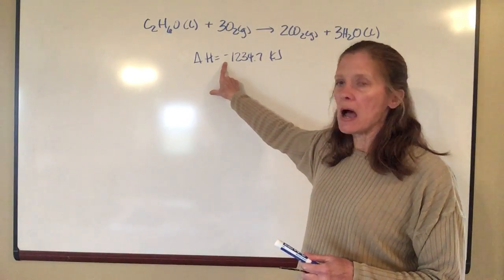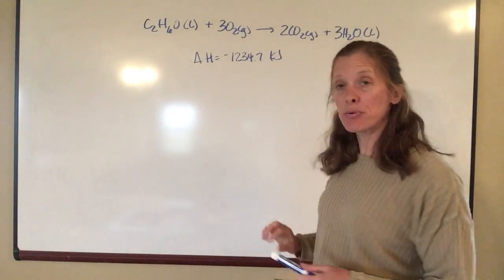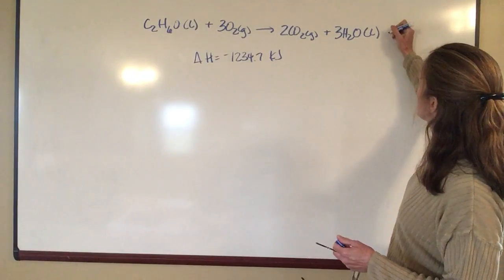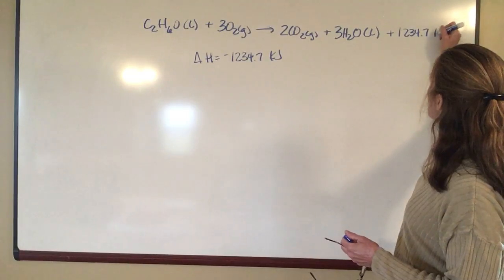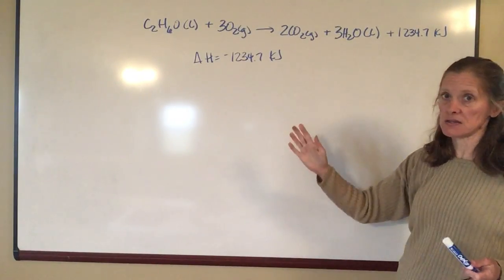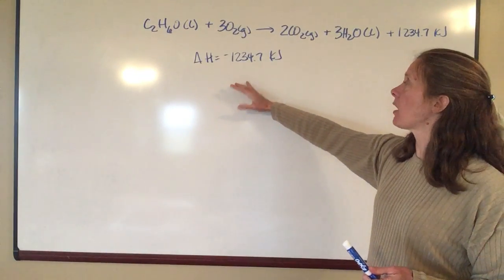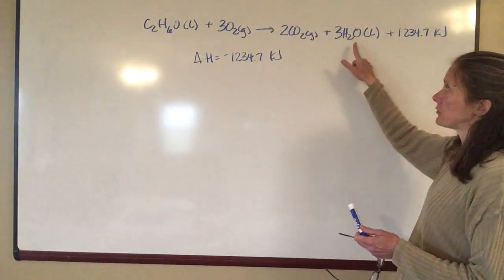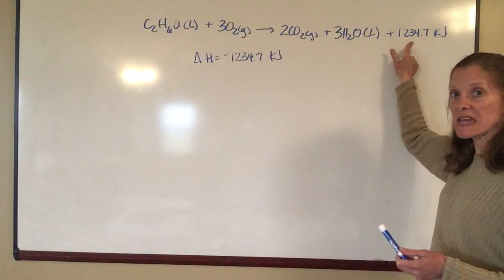So therefore, I can take this heat and I can actually put it as a product in my reaction. So I'm going to come over here and I'm going to add 1234.7 kilojoules to the reaction on this side, because don't let the change in negative sign confuse you, because we're giving off carbon dioxide, we're giving off gaseous water, and we're giving off heat.